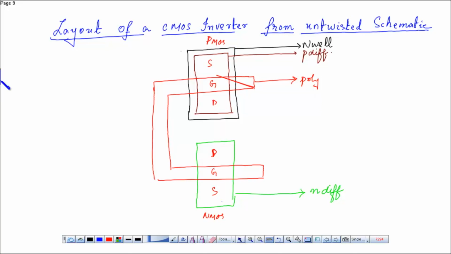So you have to connect the source of the PMOS to VDD. You can connect from here or you can take it from here. This is metal 1 and this is VDD. Similarly with the ground.